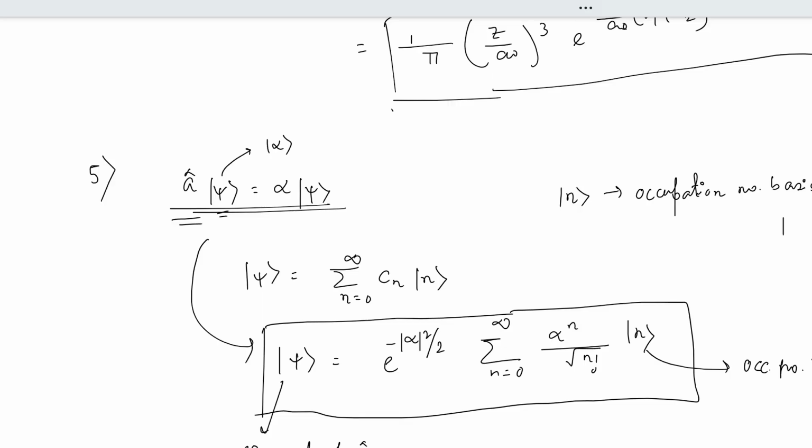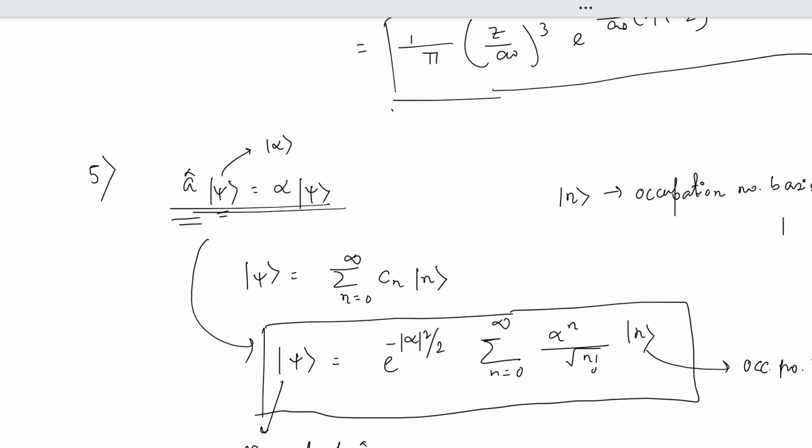I am not going into the details of how I am getting this, probably you already know that from the lecture, but to state very briefly, it comes from the relation that this annihilation operator, when it acts on this number occupancy state n, gives you back root n, n minus 1 ket.